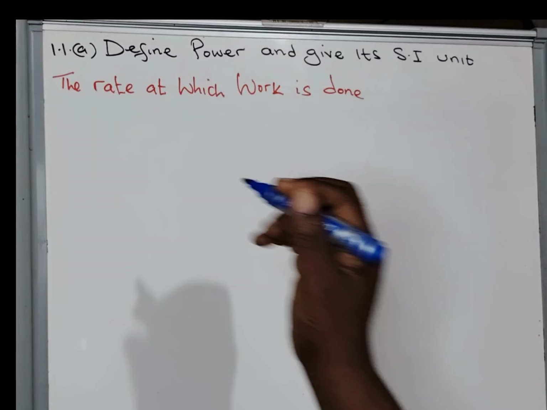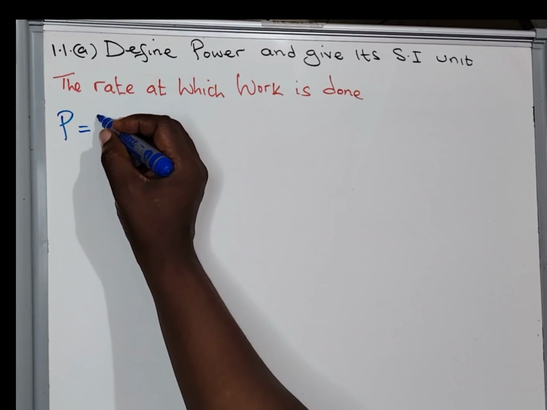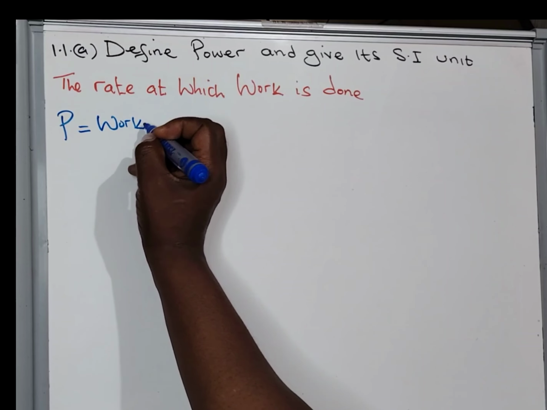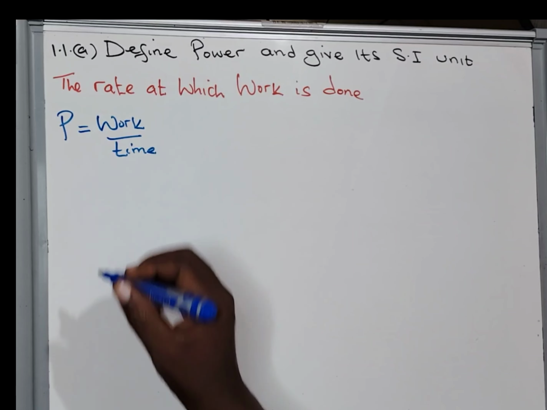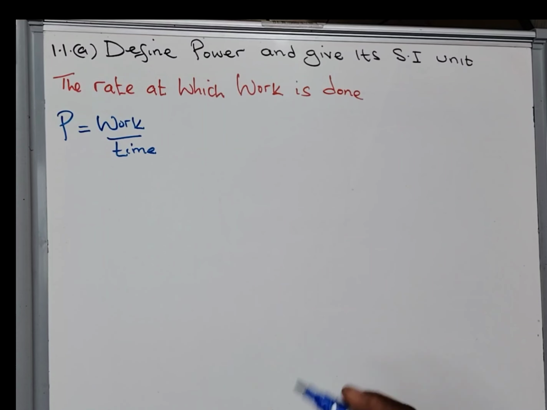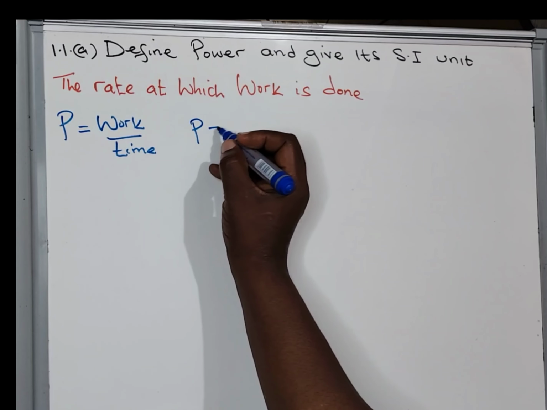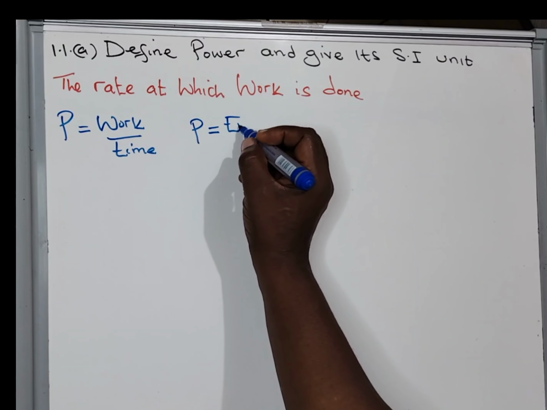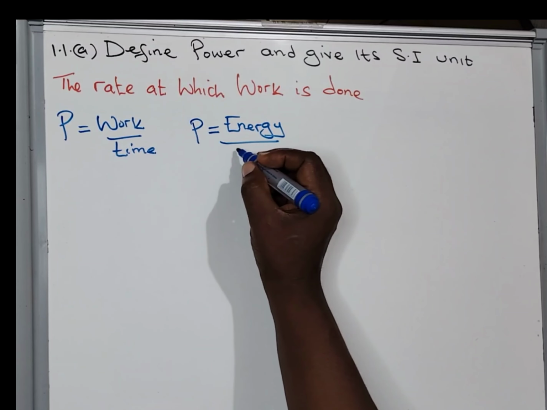So in other words, we can say that power is equal to work over time. But you have to remember that work is a brother to energy. So we can say as well that power is equal to energy over time.